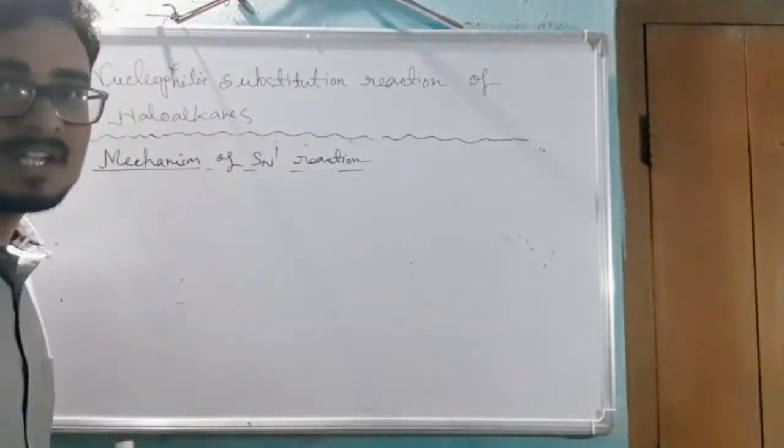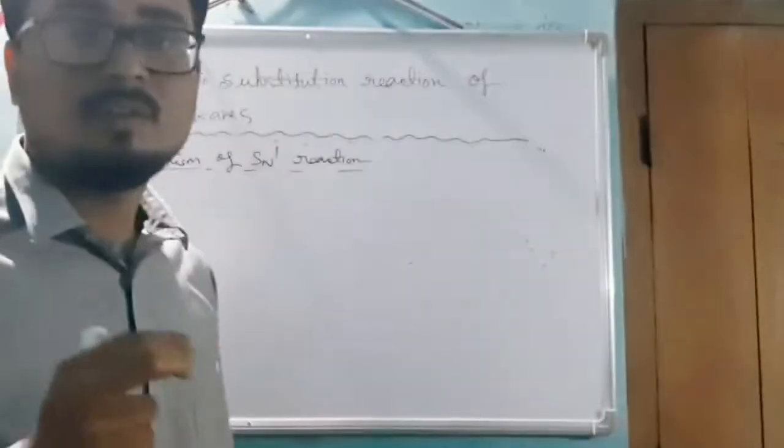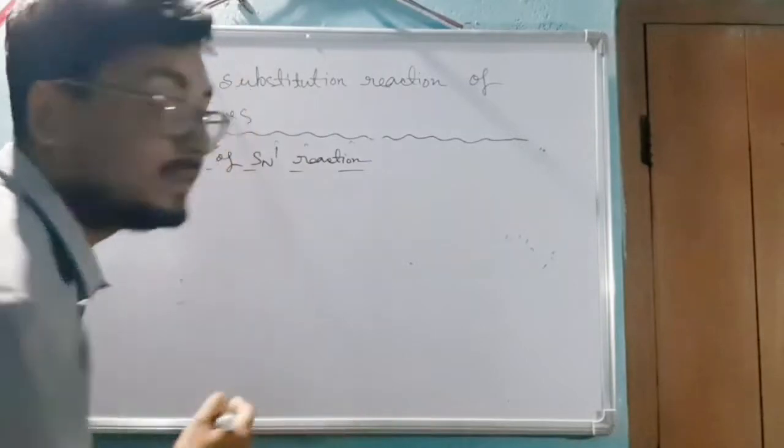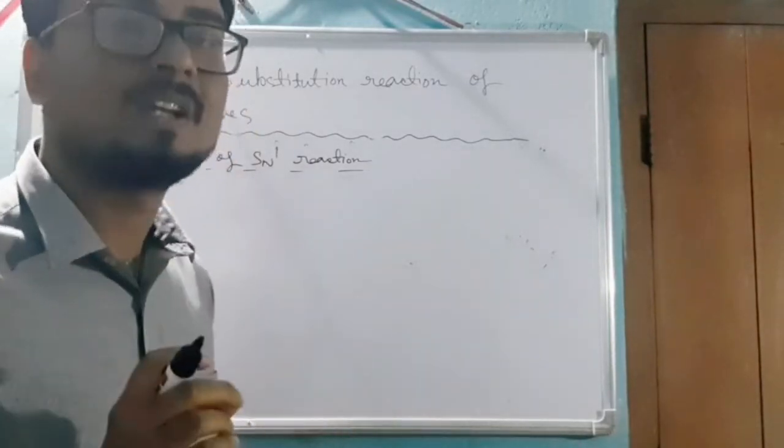So in a mechanism, as we have already discussed in the definition, it will occur in 2 steps. So in the first step, formation of carbocation.